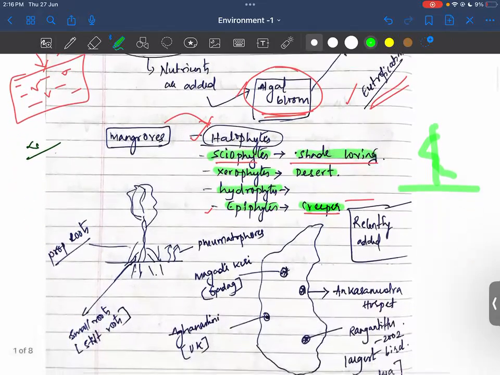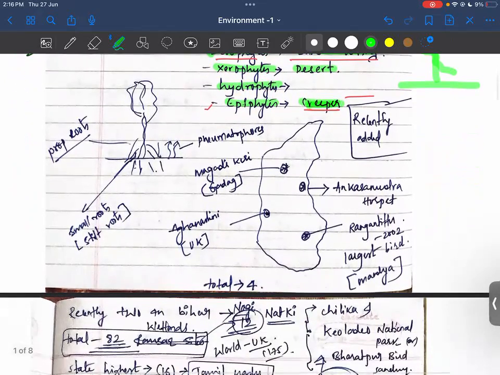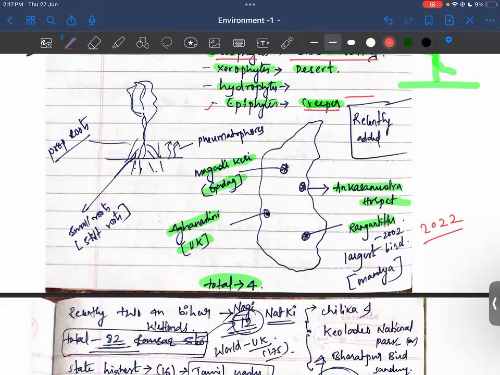So coming to again the wetlands, there are four total Ramsar wetlands in Karnataka. So Magadi Kere, which is located in Gadag, Ankasamudra, Hospet Taluk, Vijayanagara district, Aghanashini, Uttara Kannada, Ranganathittu, which was added in the year 2022, and this is the first Ramsar site in Karnataka, and this is also the largest bird sanctuary and located in Mandya district.